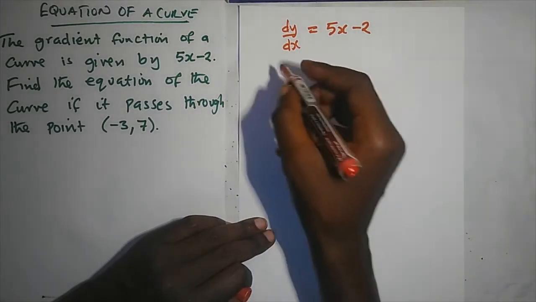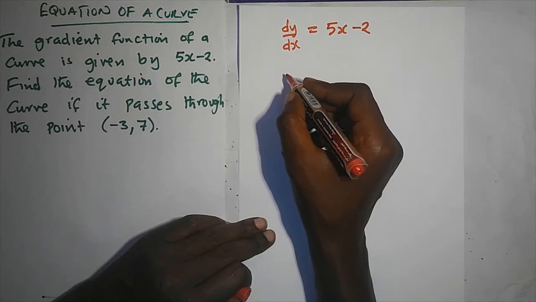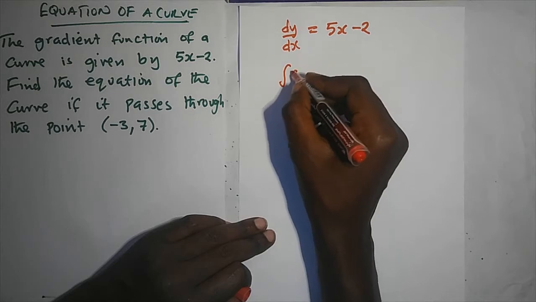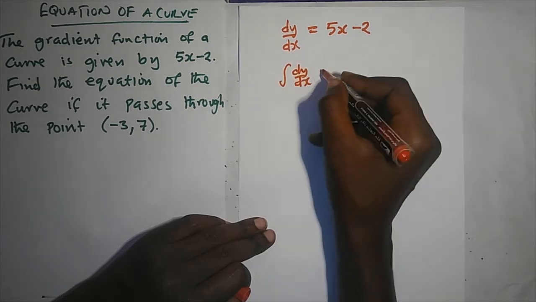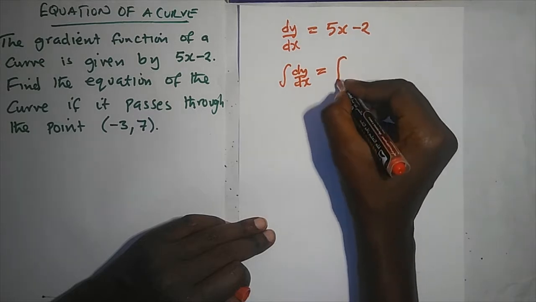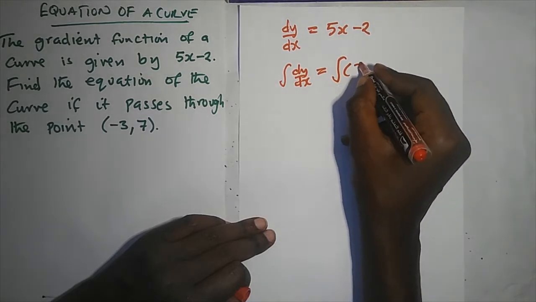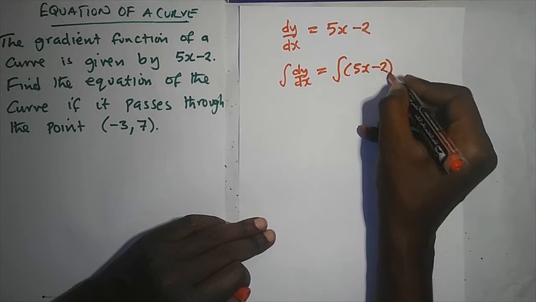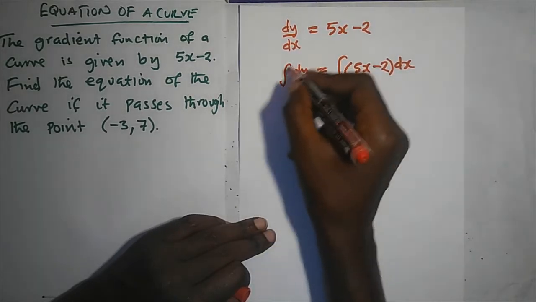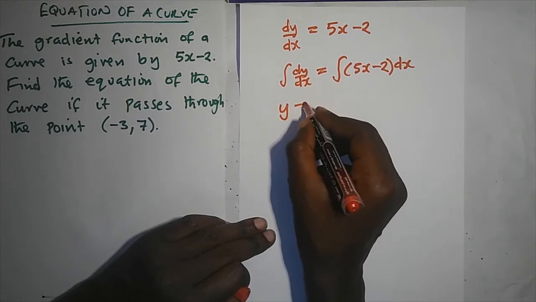So we are going to integrate dy/dx, which will give us 5x minus 2. We integrate on both sides with respect to x. This side here, we are just going to have y.